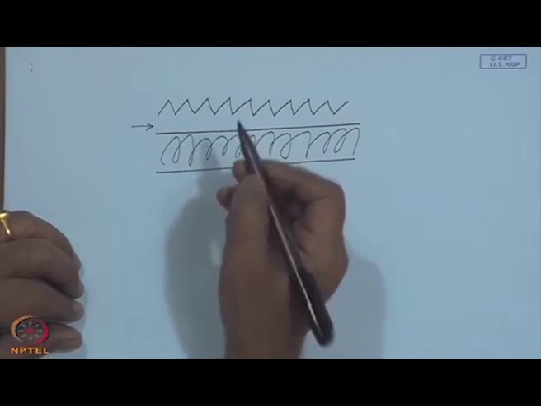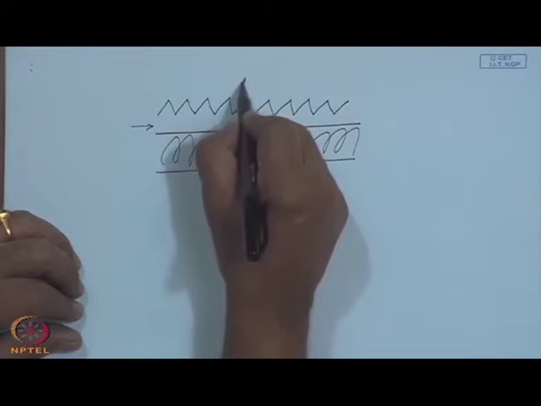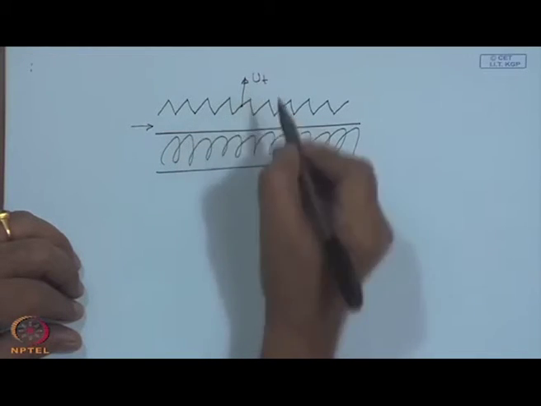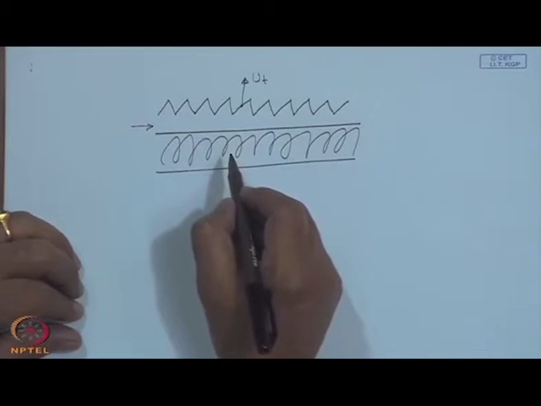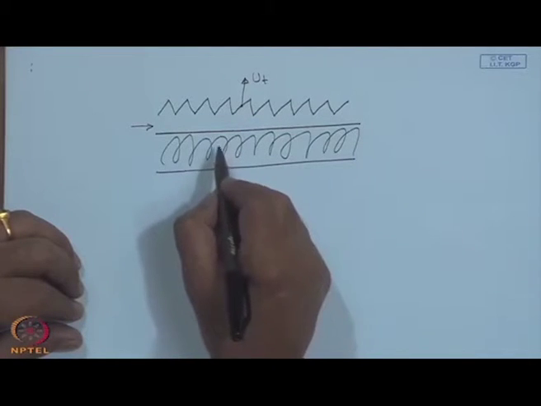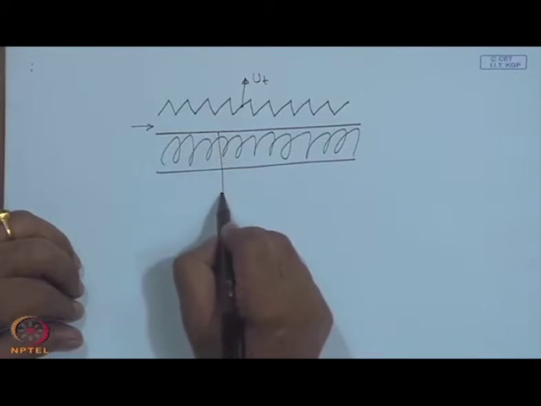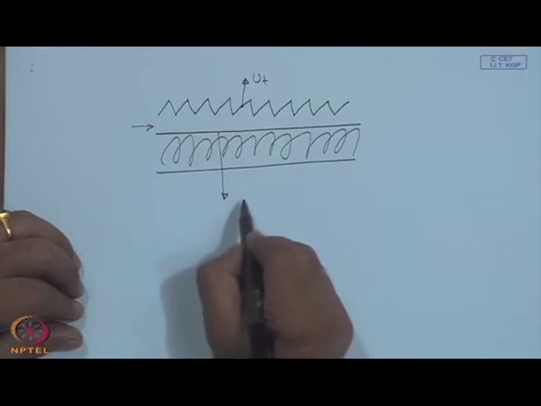In other words, these corrugations help break the boundary layer development and provide flow mixing and enhance the heat transfer coefficient.